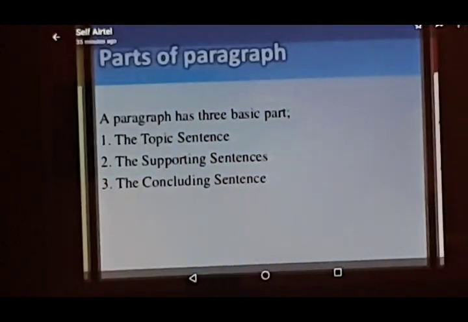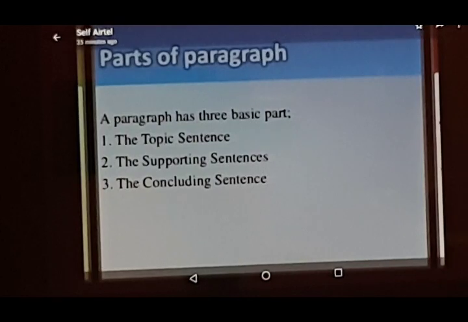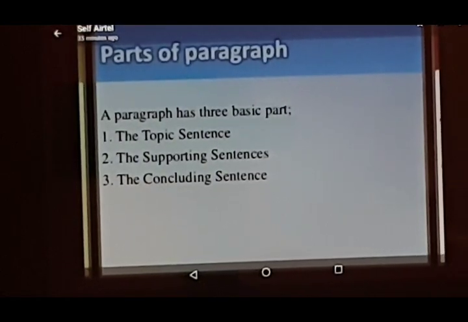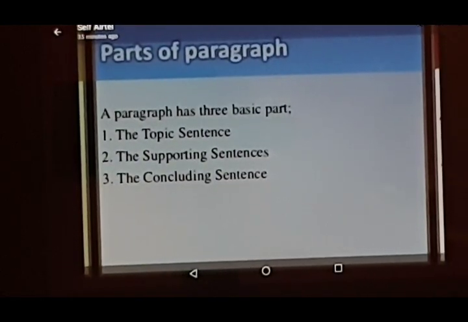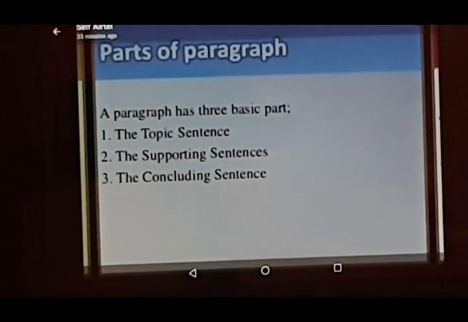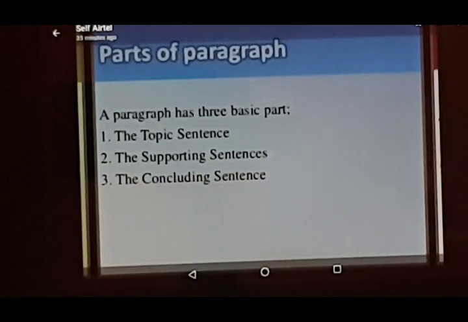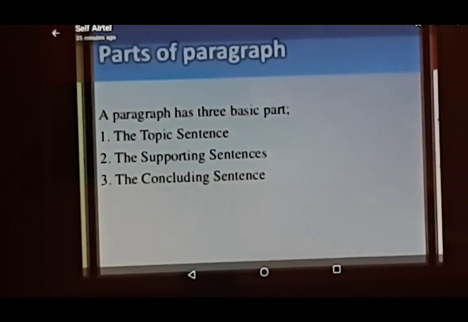Now, parts of a paragraph. What do we do when we write a paragraph? What things do we keep in mind? Like I said, it is divided into 3 different parts. First is the introduction, second is the middle part, and last is the conclusion. The introduction is called the topic sentence, which tells us what the subject of our paragraph is.